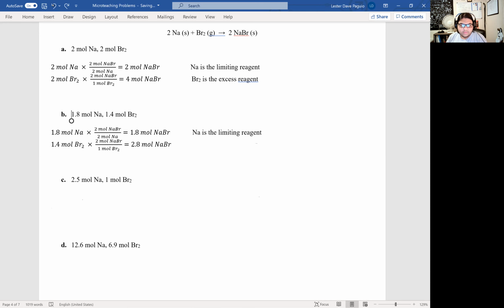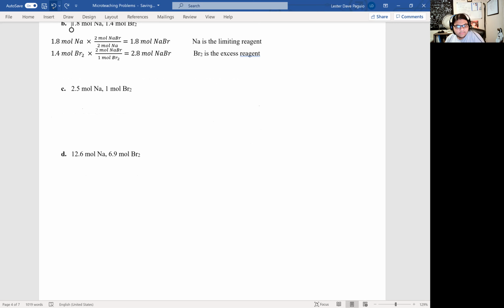Now the third problem, we were given the initial amounts of 2.5 moles of sodium and 1 mole of bromine. And now we would do the same thing again, 2.5 moles of sodium multiplied by 2 moles of sodium bromide over 2 moles of sodium, so that we get 2.5 moles of sodium bromide.